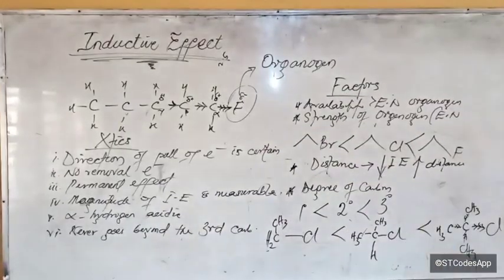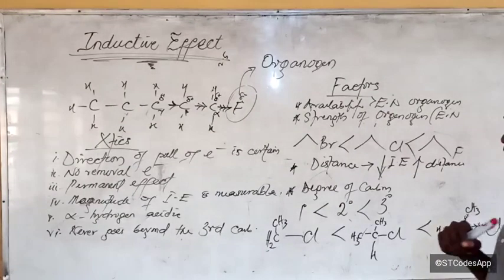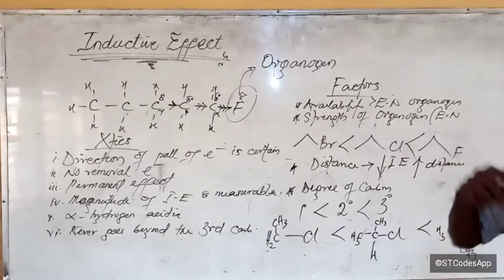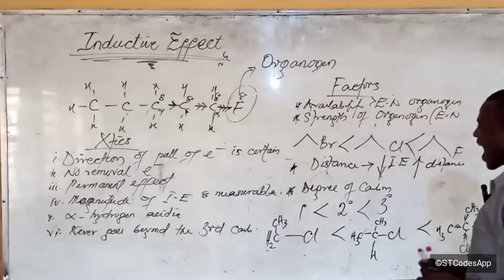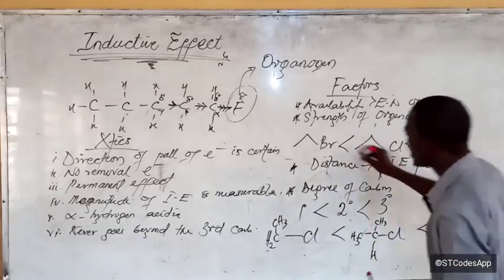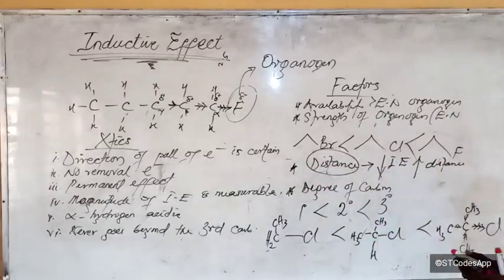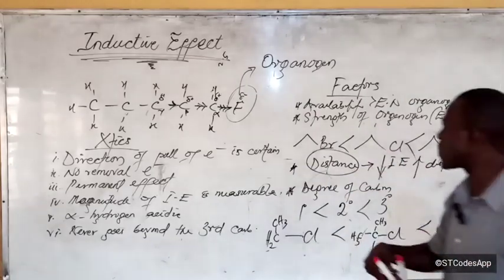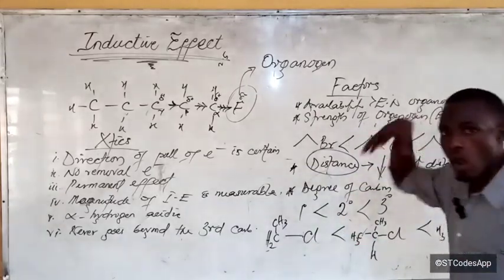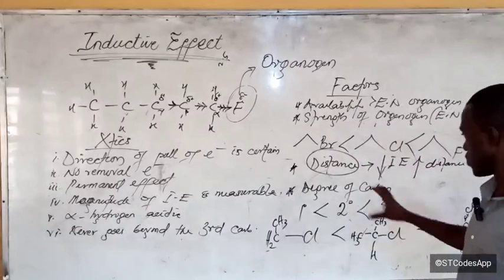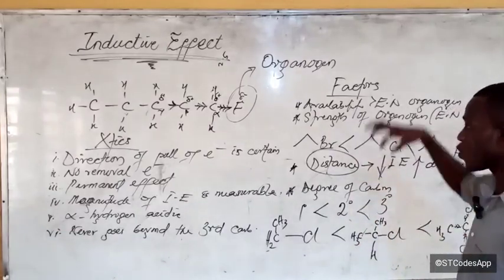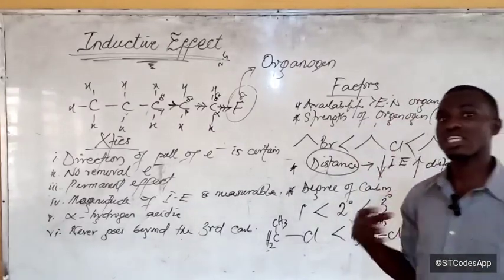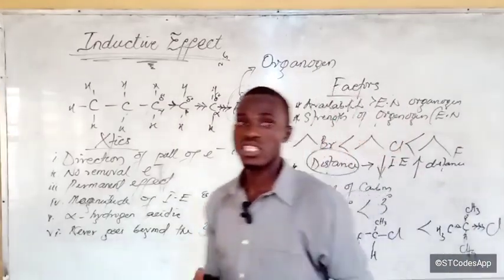Now let's talk about the strength of the inductive effect. What determines the strength of the inductive effect are basically these two: the distance away from the molecule and the electronegativity value of the halogen. That is what determines the strength of the inductive effect.